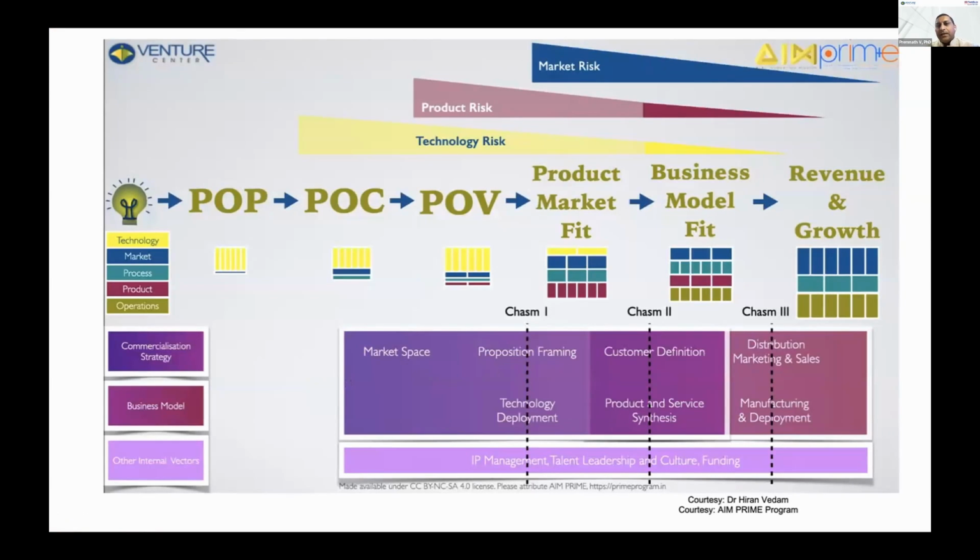Now, when you do this, there's a progression it goes through, starting with proof of principle, then proof of concept, and proof of value. And then the rest of the business proceeds. It's a fairly long journey that most of us developing technology-based businesses go through. An example of proof of principle: suppose you were doing a diagnostic and you say that there is a particular molecule which detects a particular biomarker.